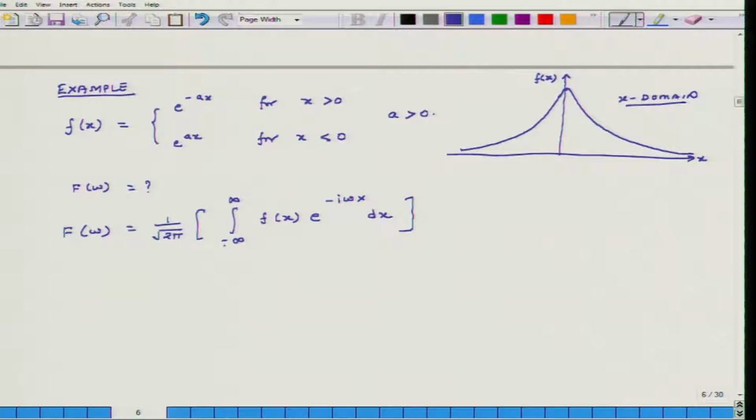So I will write it as 1 over square root of 2 pi times the integral from minus infinity to 0 of e to the power of a x times e to the power of minus i omega x dx, plus the integral from 0 to infinity of e to the power of minus a x times e to the power of minus i omega x dx, closing the brackets.